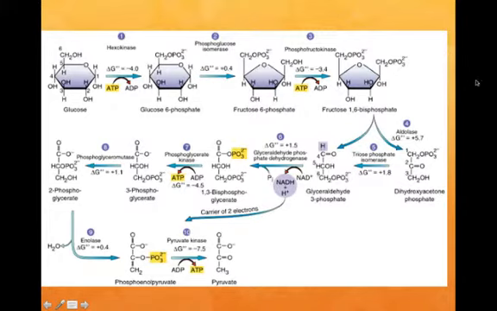Don't worry about these reactions right now. Glucose is the molecule that is harnessed and used for these processes. Now, as you can see here, fructose is also a molecule that is important in the process, and the fructose can enter the process at any time.